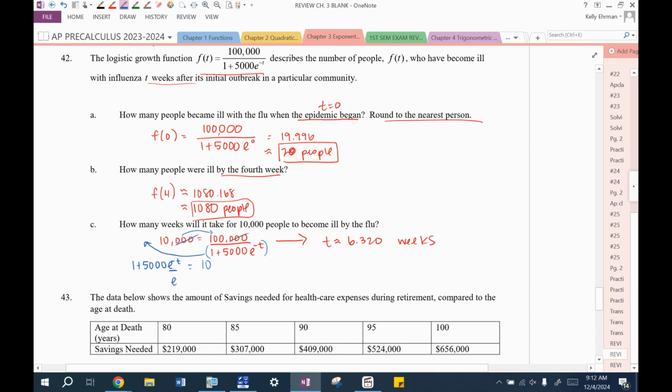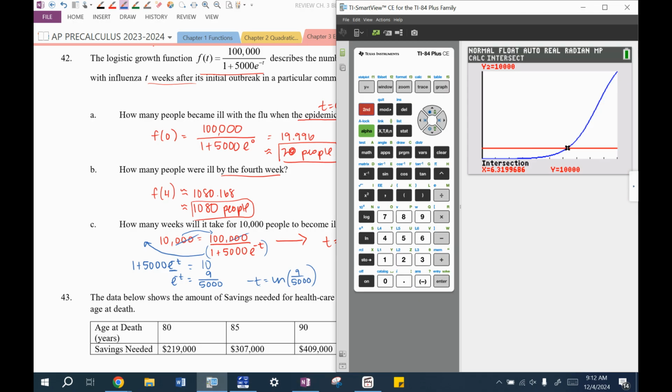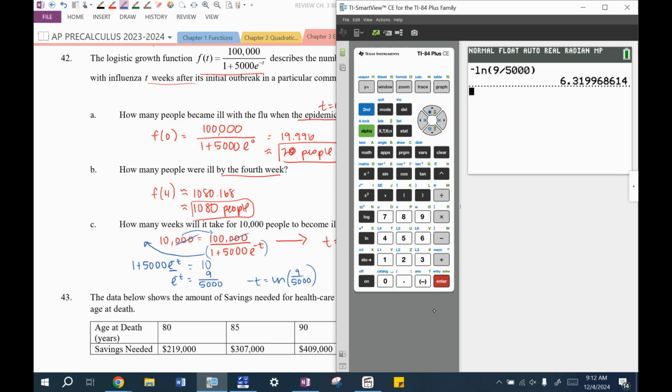Isolate e. Subtract 1, you get 9. Divide by 5,000. Natural log both sides. And get rid of that negative. See if that comes out the same. So negative natural log of 9 over 5,000. Yep, same answer.